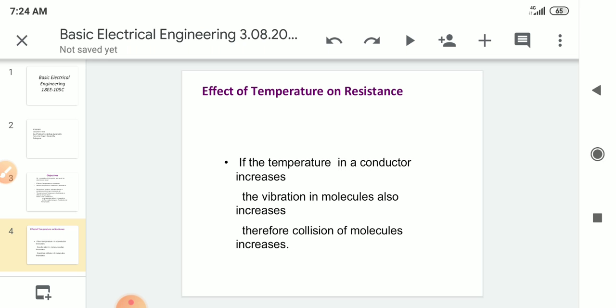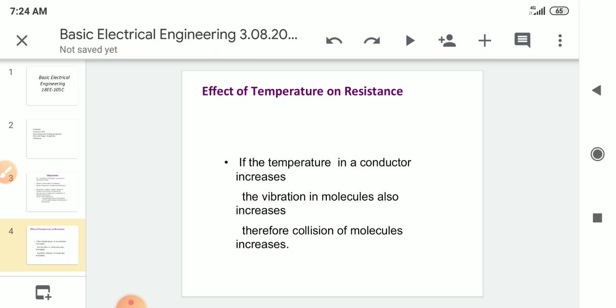Let's see the next model. The resistance of an alloy increases with increase in temperature, but it increases very little, small and irregular. Alloys means, for example, Eureka, manganin, constantan, that type of material.